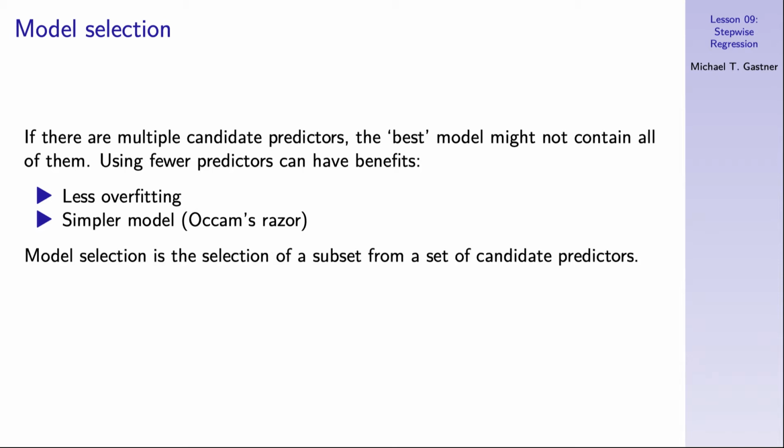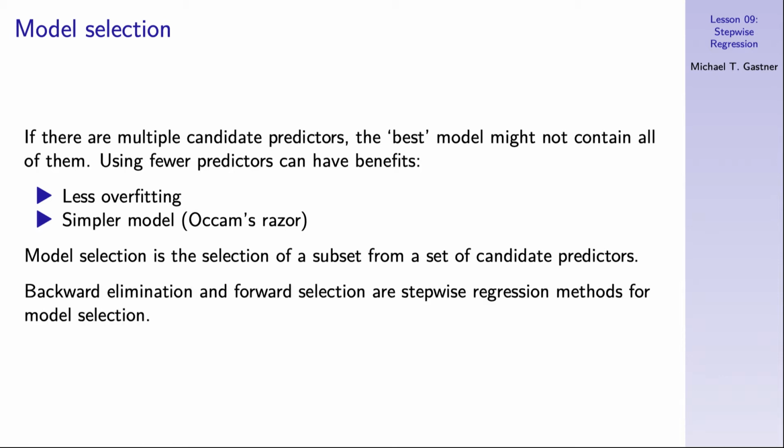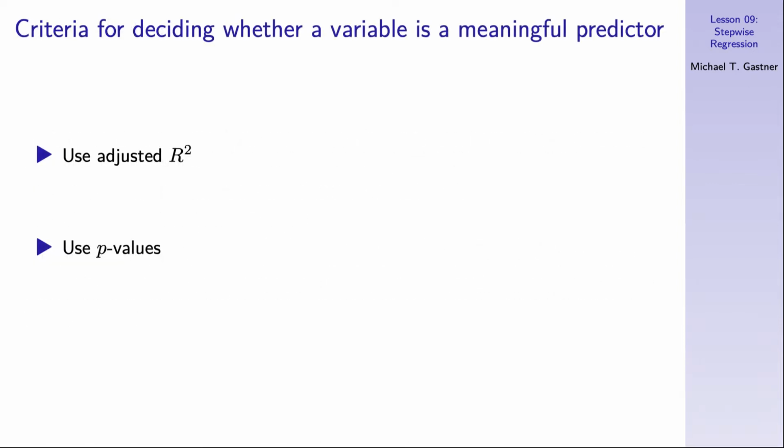Model selection is the selection of a subset from the set of candidate predictors. Backward elimination and forward selection are stepwise regression methods for model selection. There are many possible criteria for deciding whether a variable is a meaningful predictor. Our textbook discusses two criteria: selection based on the adjusted R-squared and selection based on p-values.